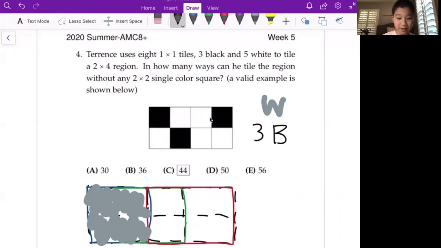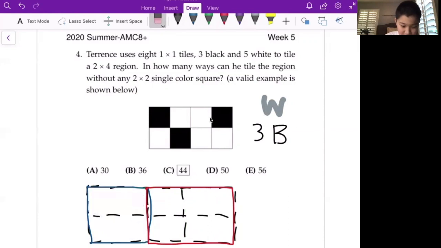So let's put it somewhere. It can be here, it can be here, it can be here, or it can be here. 4 possibilities. Now that's for the blue case. I'm gonna erase all those.